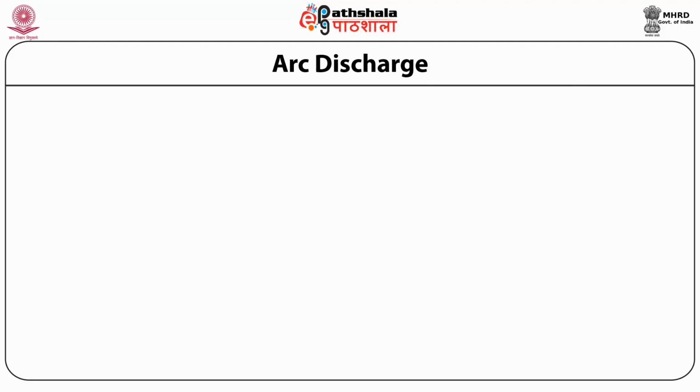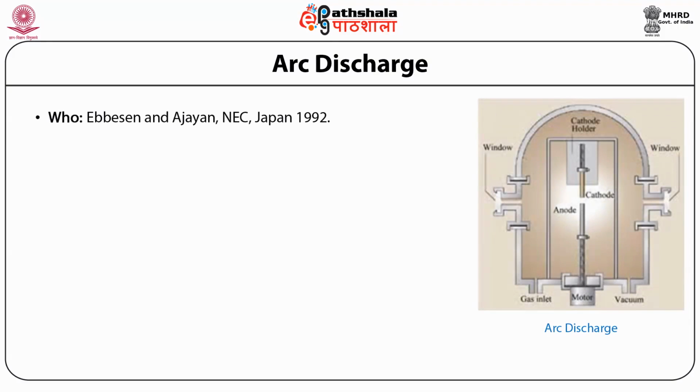So let us go to the first one, which is the arc discharge technique. In this technique, the persons who were first involved in producing carbon nanotubes were Professor Ajayan and Professor Ebbesen at NEC, Japan, in the lab of Sumio Iijima, who is the inventor of carbon nanotube. So, how can one produce carbon nanotube through arc discharge?